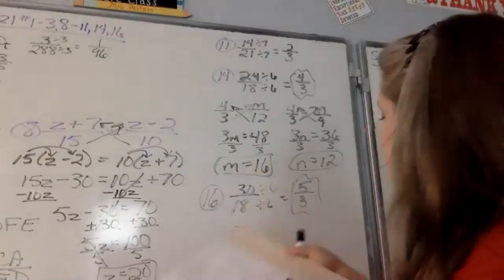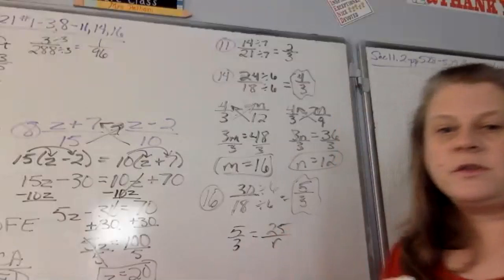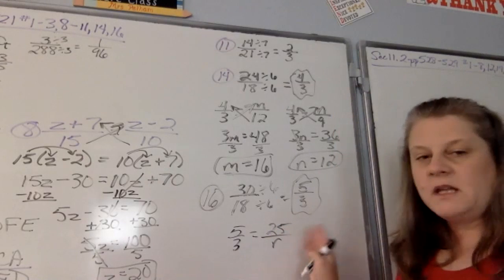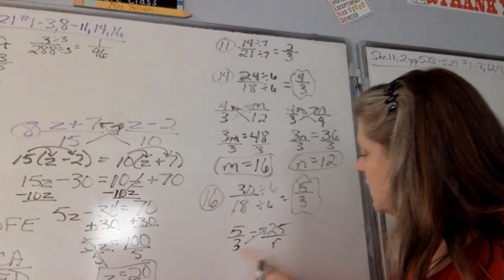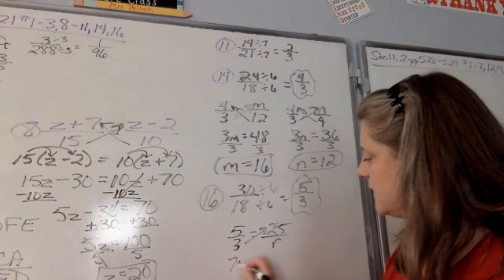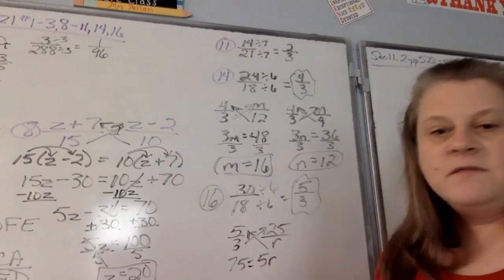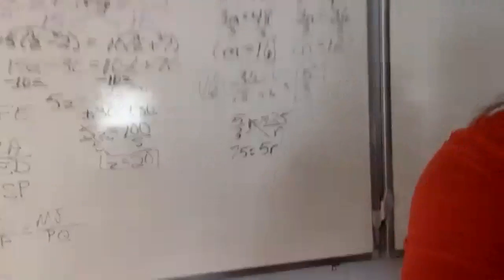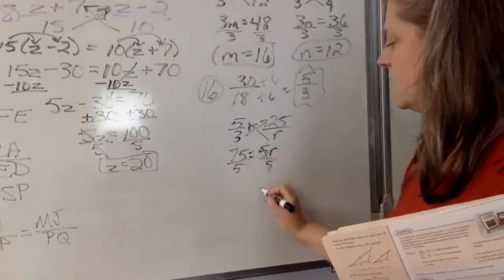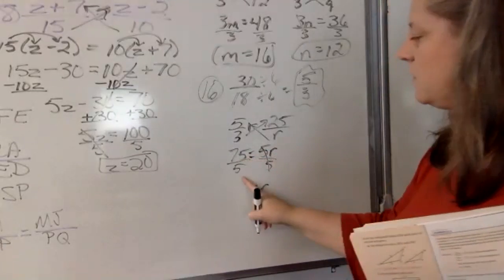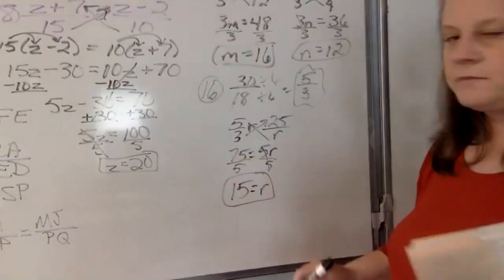That 25. So I have 25 over R. Sometimes your R can be in the bottom, sometimes it can be on top, doesn't matter. Cross multiply. 3 times 25 is 75. R times 5 is 5R. Finish solving by getting R by itself by division. So R is equal to, 5 goes into 75 15 times.